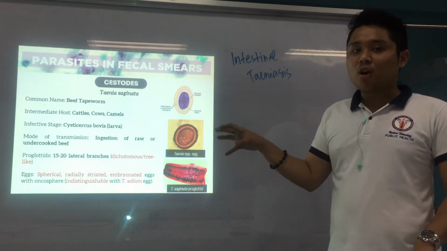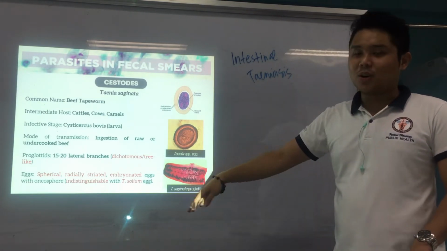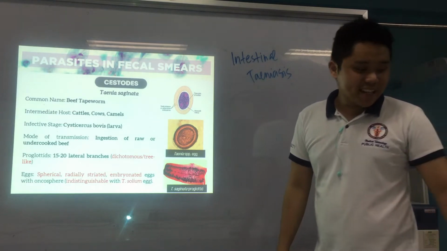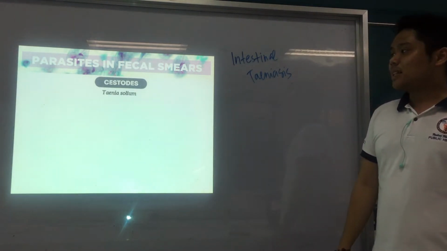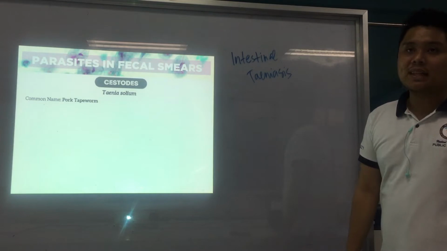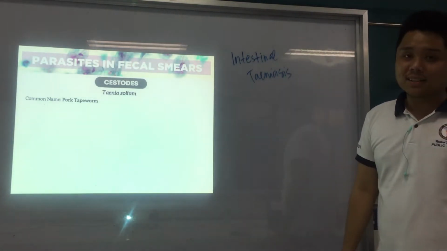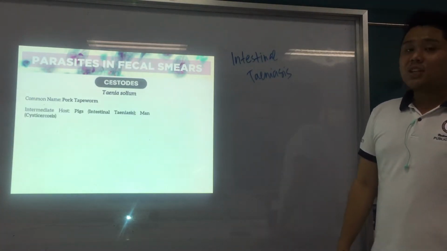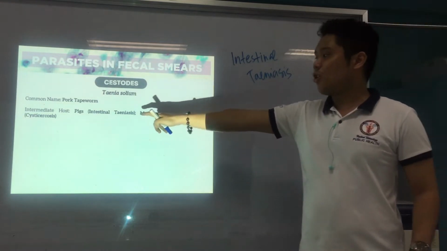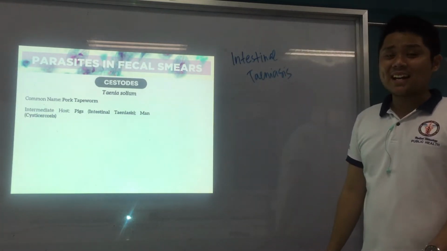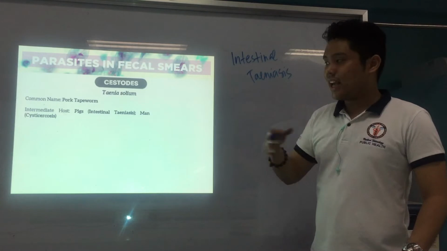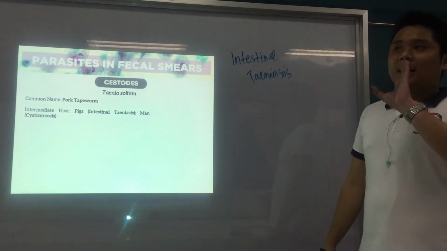Its life cycle is not that complicated compared to Taenia solium. So, we'll discuss that next. Your Taenia solium, by the name itself, is your pork tapeworm. So, it's a tapeworm that you can get from pigs. The intermediate host is your pigs. It can cause intestinal taeniasis, or cysticercosis.